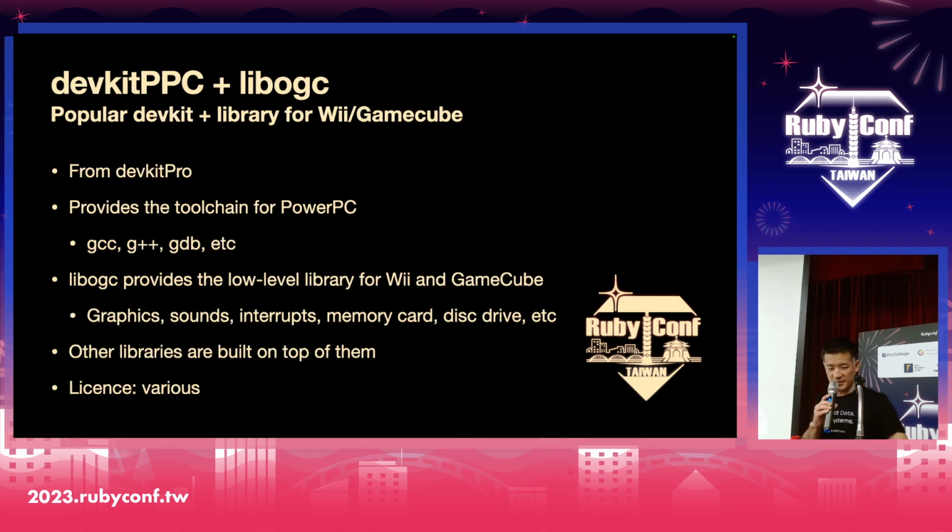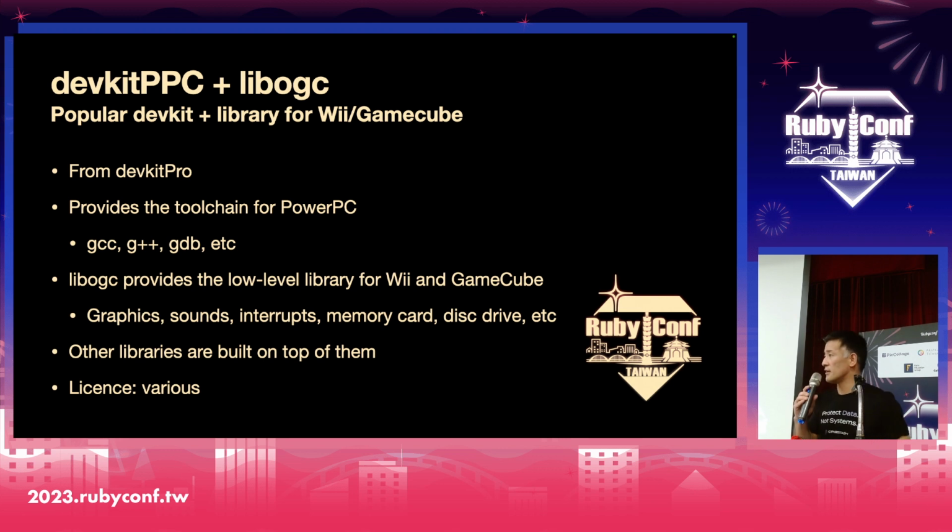And devkitPPC and libogc. devkitPPC is a toolchain for PowerPC, providing GCC and the linker, etc. And libogc is the low-level library for Wii and GameCube. It's not really very feature-rich, but a lot of other libraries are built on top of it. libogc and devkitPPC were designed to be used together.